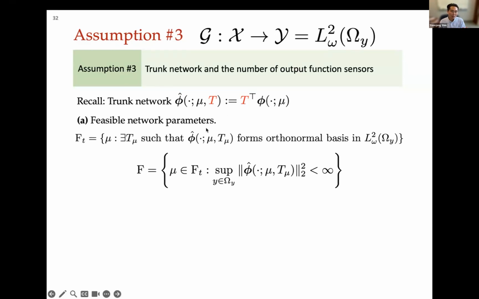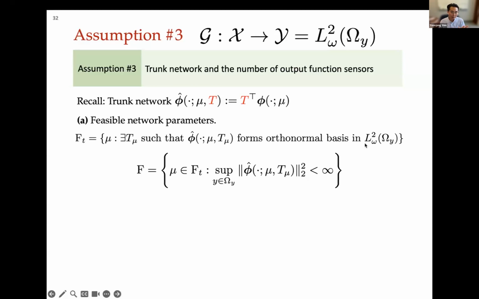First of all, I determine the so-called feasible network parameters for the trunk network. What I mean is, first, I will focus on the set of trunk net parameters on which there exists a transformation, an orthogonalization process, such that our trunk network forms an orthonormal basis in L2.